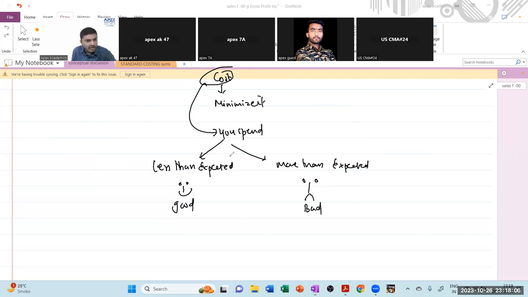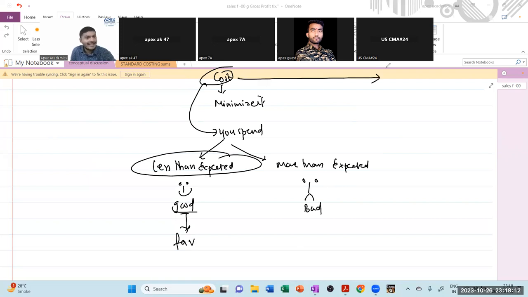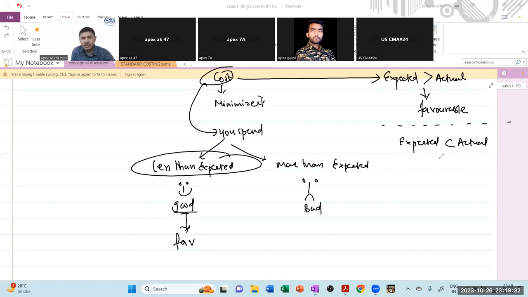So whenever your costs are less than expected, it is good, meaning it is favorable. So in case of cost, where expected is greater than actual, it will always be favorable.